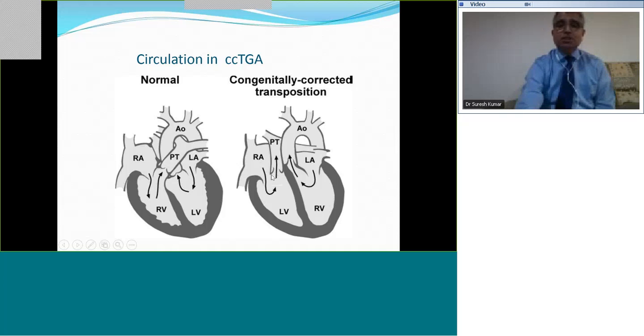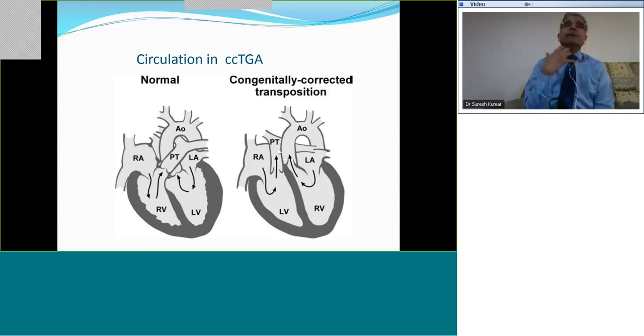In congenitally corrected transposition, the right atrium is connected to the morphologic left ventricle. And the morphologic left ventricle is giving origin to the pulmonary trunk. Now, it is an AV discordance because you can distinguish all the features of a morphologic left ventricle in the structure which is located as the lower chamber on the left side, but then it is connected to the pulmonary artery.